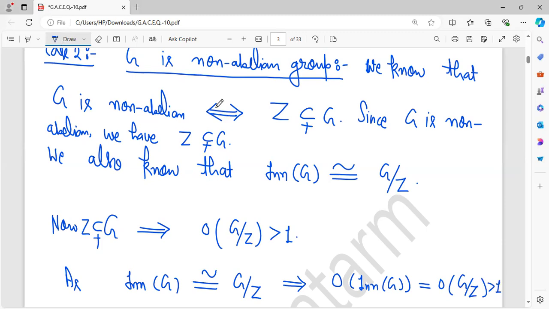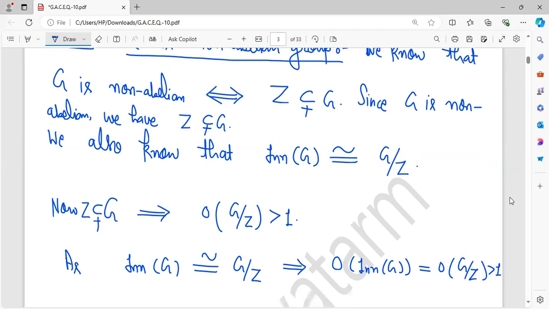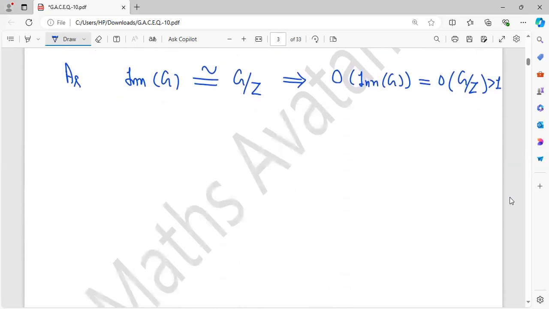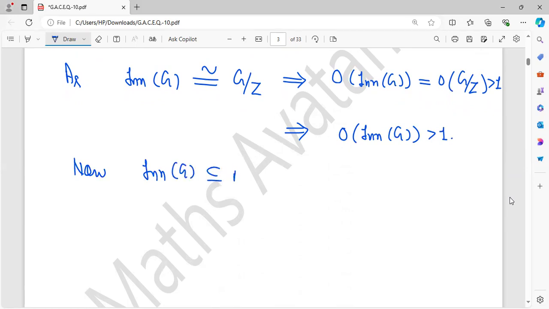So the order of the inner automorphism group of G is greater than 1. Now we know that the inner automorphism group is contained in the automorphism group.